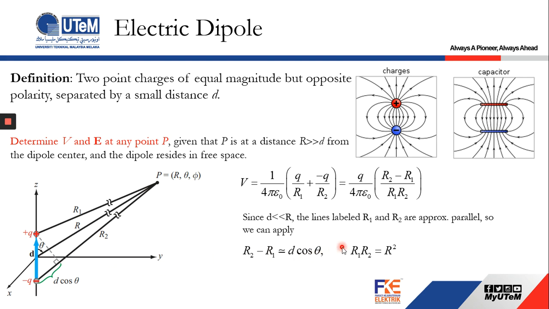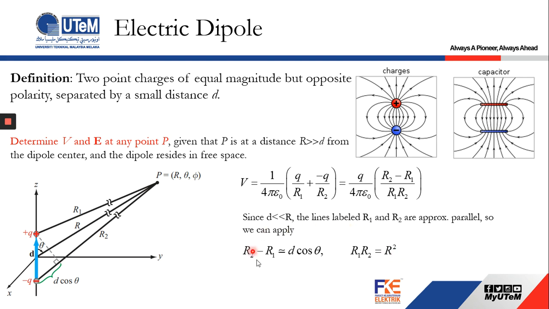Furthermore, since they are approximately parallel and since the distance is about the same, R2 is slightly longer than R1, but R in the middle here we can say is the average between R1 and R2. So we can say that R1 times R2 is equal to R squared.